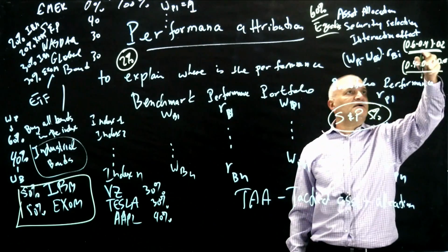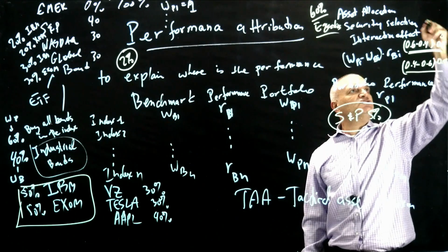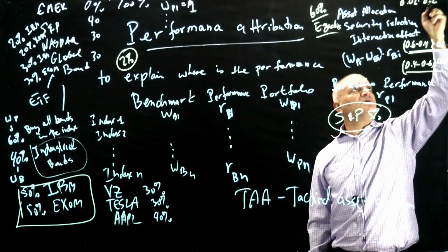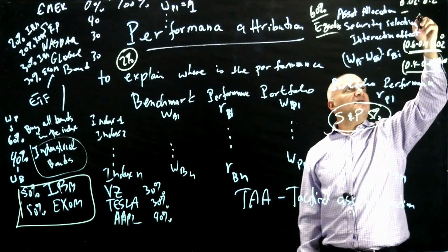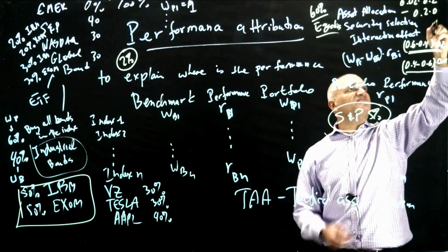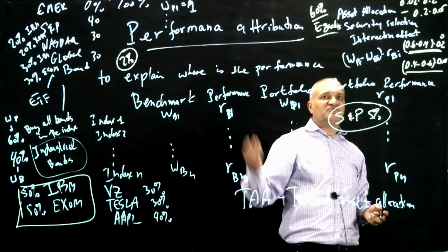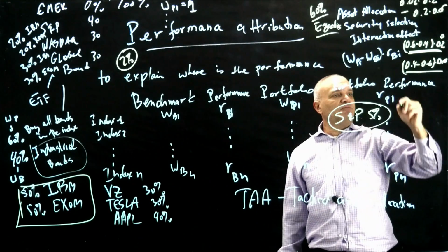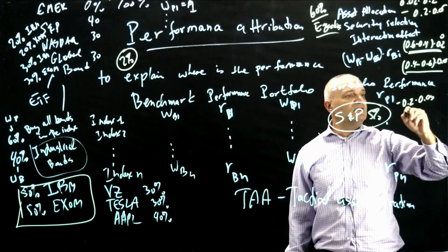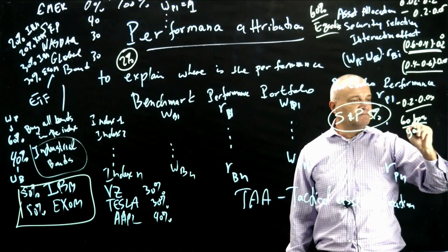Overall, you are going to have 0.2 times 0.05, so you're actually going to underperform. That is 0.2 minus 0.2 times 0.03. So this is going to be 60 basis points that you underperform.